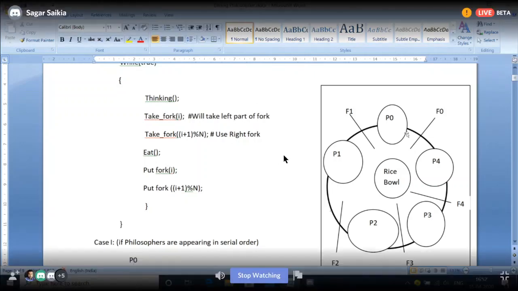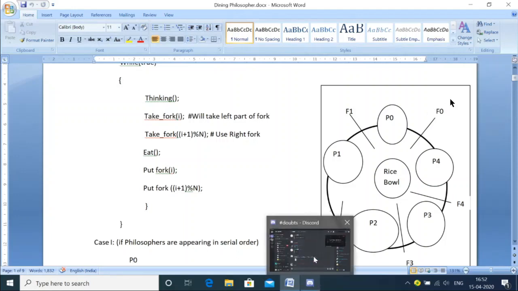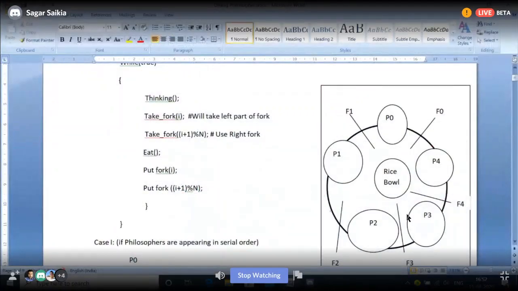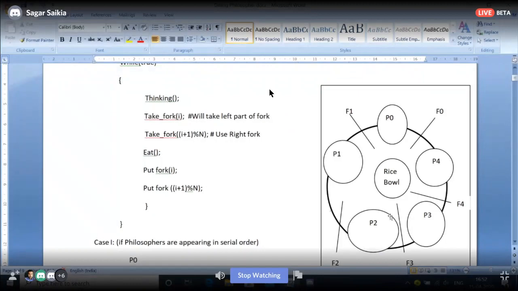Then similarly, P1 is also one who can pick either of the forks, like F1 or F2. In that way, different philosophers can pick different forks. That is one of the situations.